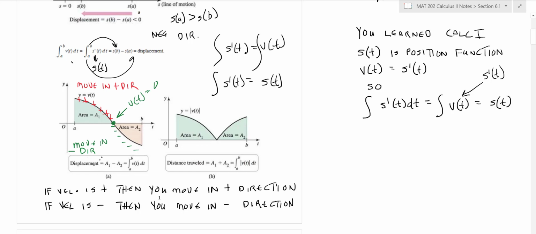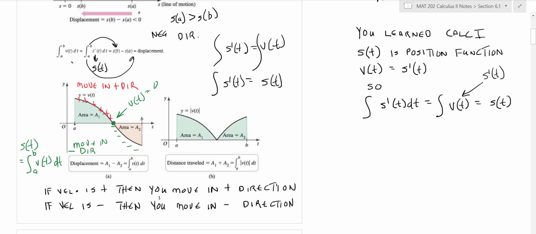The displacement is how far you are from the starting point, and it can be negative or positive. It just depends. Remember, what we just learned is the displacement, s of t, is equal to the integral of v of t from some point a to b. And remember, an integral is an area under a curve.